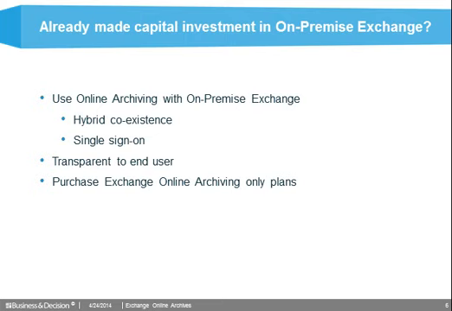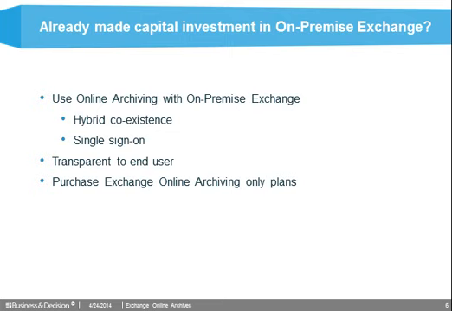The cloud coexists with your 2010 or 2010 SP3 or 2013 server. It allows you to have that online archive in the cloud while keeping your mailboxes on-prem. It's all completely transparent to the end user. They can't tell if their online archive lives on your on-premise server or in the cloud. It looks exactly the same as what I showed earlier.